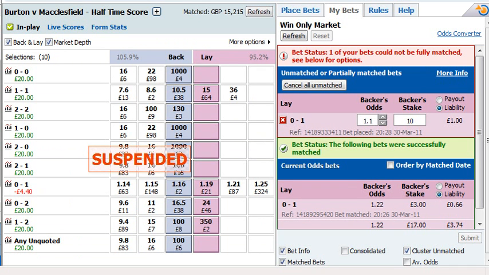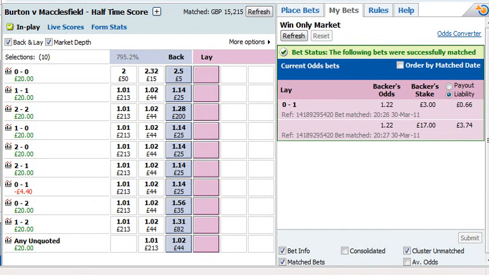I just put another quick lay in again for £10 at 1.1, and as you can see on the 0-1 scoreline, I probably missed that lay by about a minute, and that would have given me an extra £10 onto that. So that's very useful for us because we've now got a bonus of £20 green that we can take back with us into the correct score market.